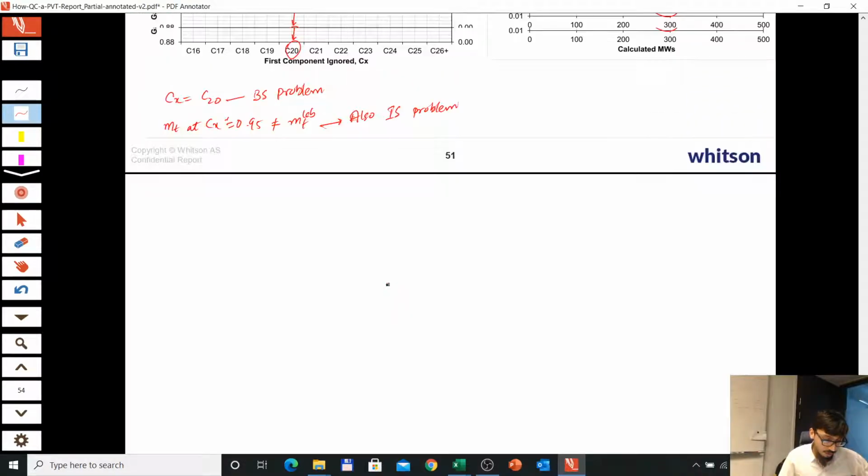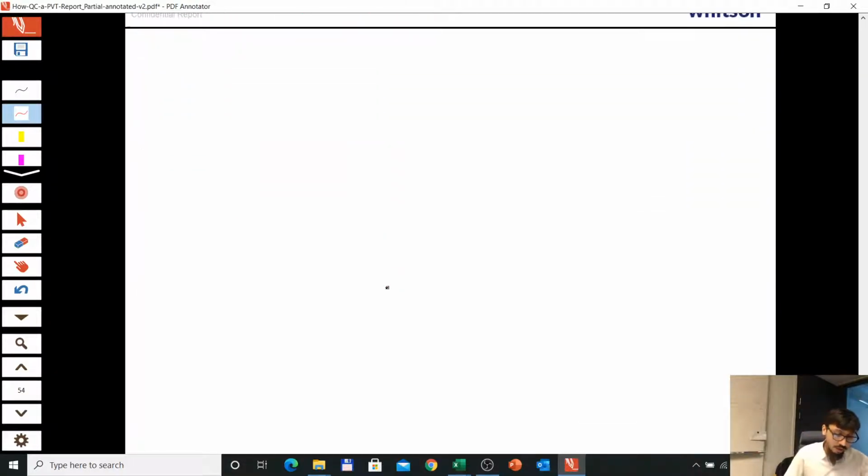Just adding one page: what information are we getting from this error identification process, or the workflow that we are using? One, what kind of GC error is present?